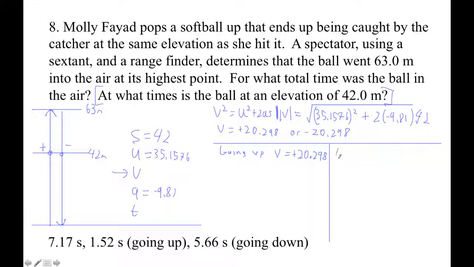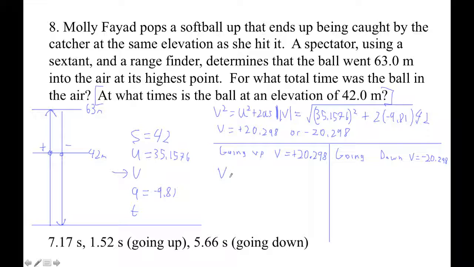And then we'll do going down. The final velocity will be negative 20.298. In both cases we'll just use v equals u plus at.